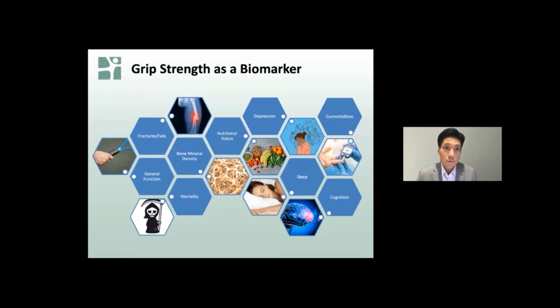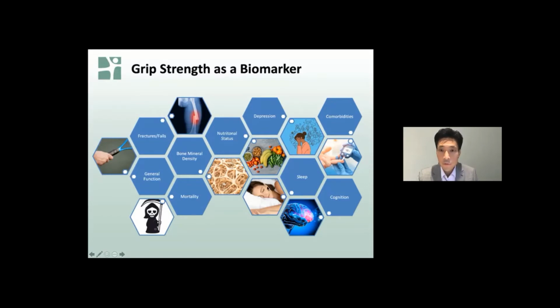For example, grip strength has been found in pretty rigorous scientific studies to be a good marker for something like depression, nutritional status, bone mineral density, whether or not you're more likely to have a fracture or even a fall, general function, how active you are in terms of sports, and surprisingly, it's actually a fairly good predictor of mortality.